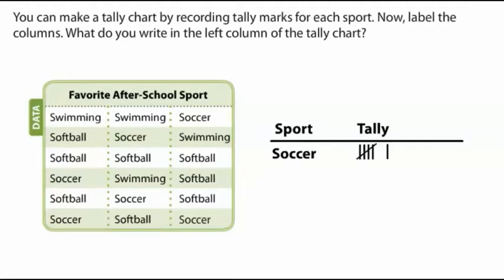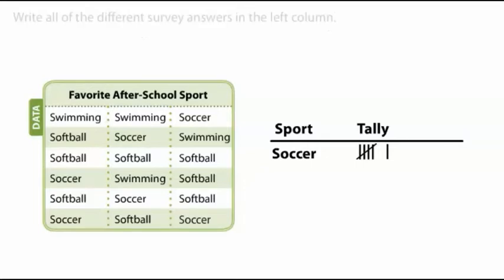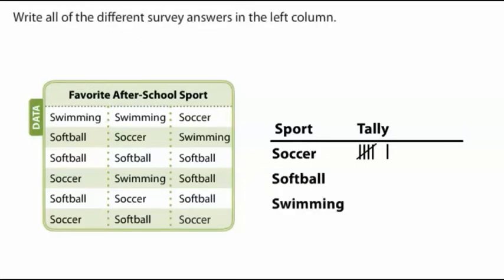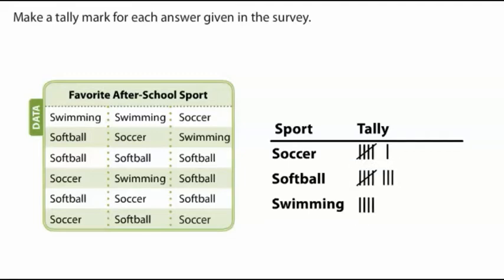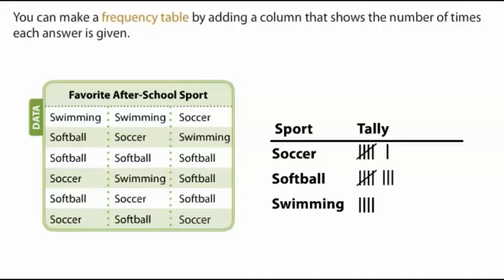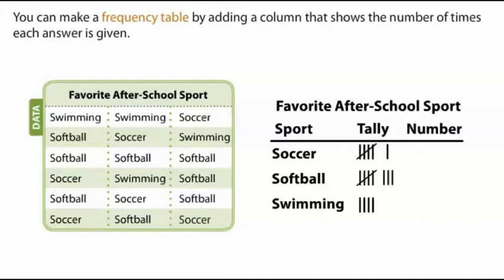What do you write in the left column of the tally chart? Write all of the different survey answers in the left column. Make a tally mark for each answer given in the survey. You can make a frequency table by adding a column that shows the number of times each answer is given.